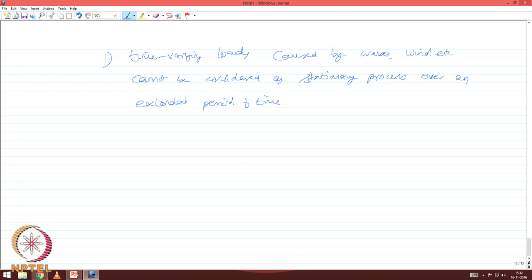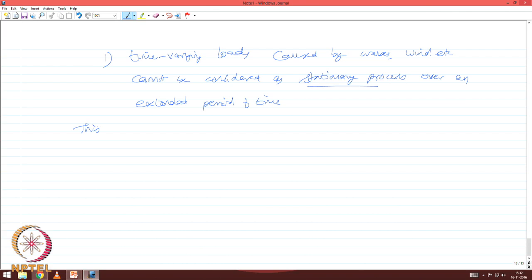You cannot extrapolate the service life or the return period, because the condition of stationarity does not hold good beyond the time boundary considered for the analysis.